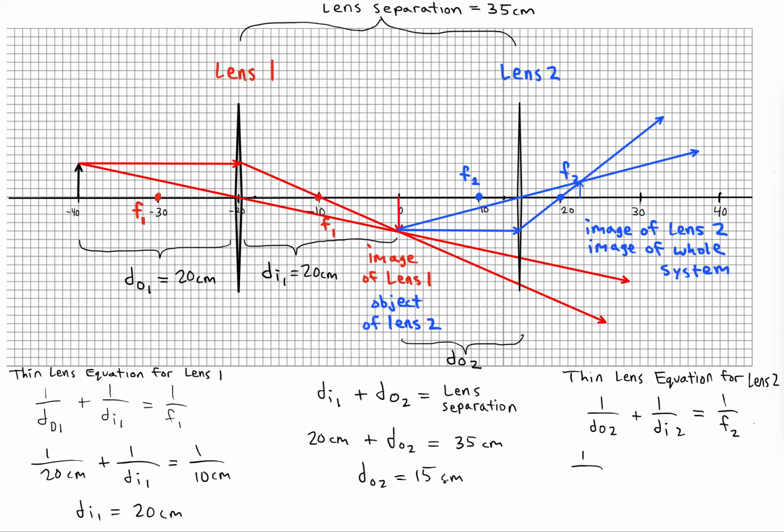Now we have the object distance. And we can see from the picture that our focal length for lens 2 is 5 centimeters. Let's find the final distance of the image. It's 7.5 centimeters.